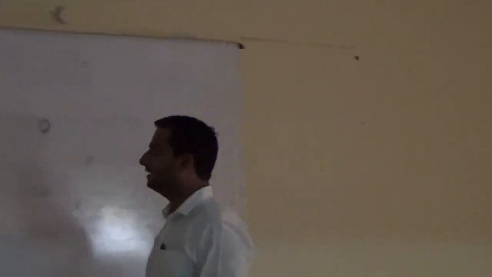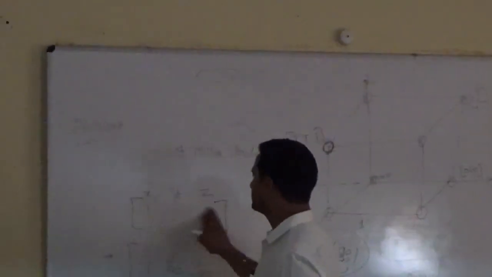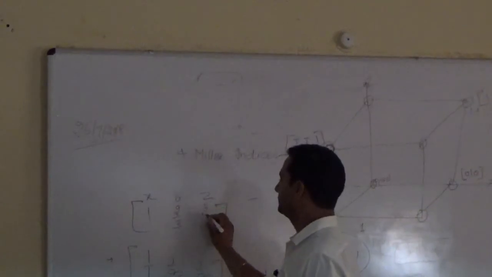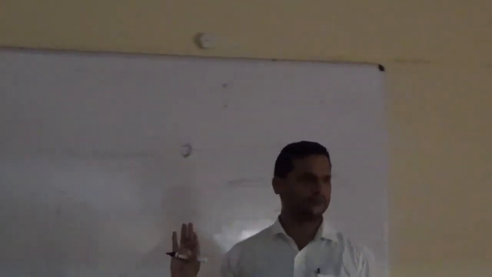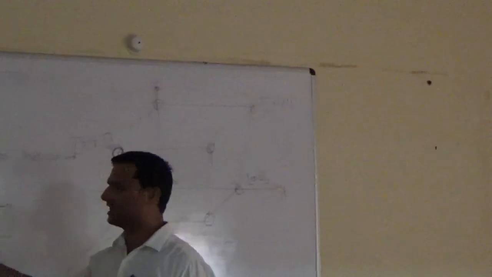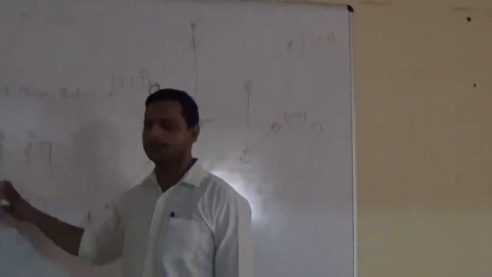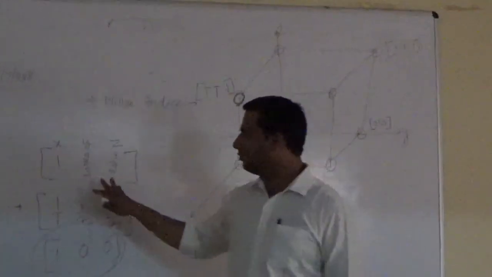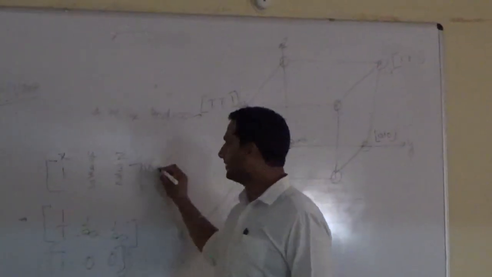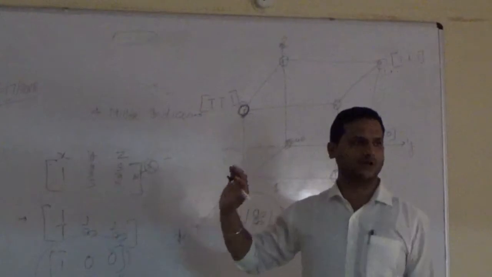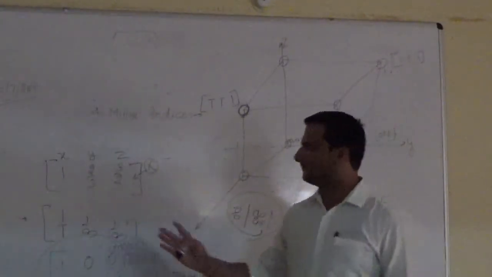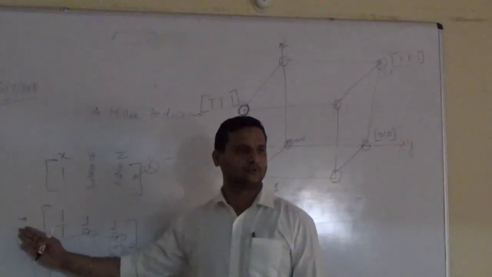And similarly, in some cases, the y and z intercepts may be, suppose, 2 by 3 and 3 by 2. It may be possible that the plane intersects y at the value of 2 by 3 and the z-axis at 3 by 2. Now, also in this case, we cannot leave our solution up to this point. We have to convert these fraction values into integers.